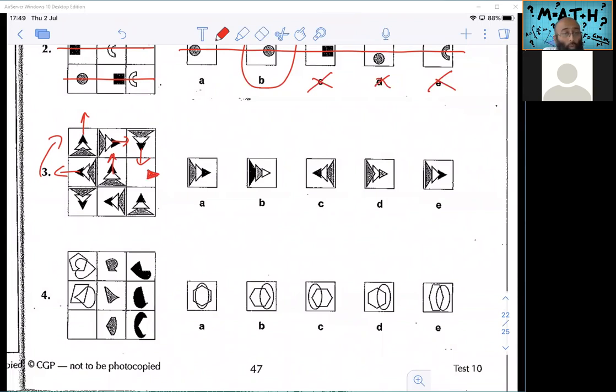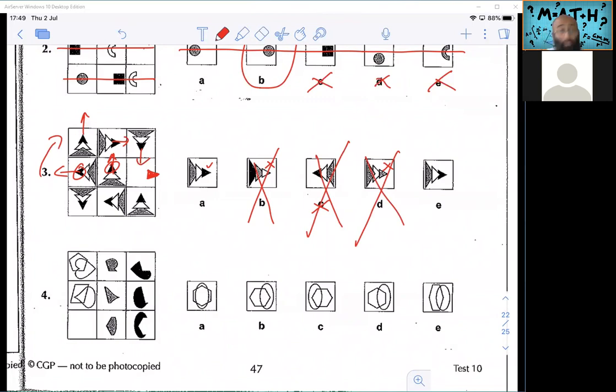They all look good apart from C, which is straight away wrong. Now let's have a look at the colors. We should have a black tip. Black tip looks good. That one's no good. That one's no good. So we got that one out of the way, and that one, and that one. It's going to be either A or E.